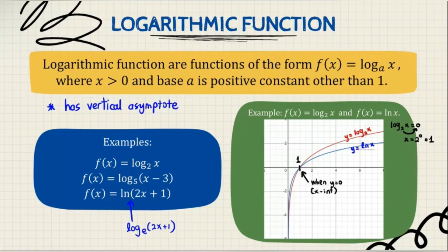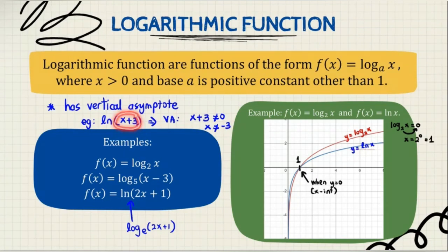Kita akan dapat daripada contoh kalau kita ada for example ln of (x + 3). Vertical asymptote akan datang daripada sini: x + 3 will not be equals to 0, so x will be not equals to negative 3.